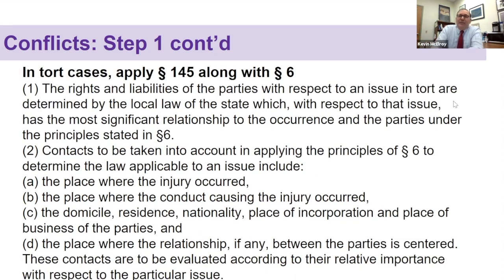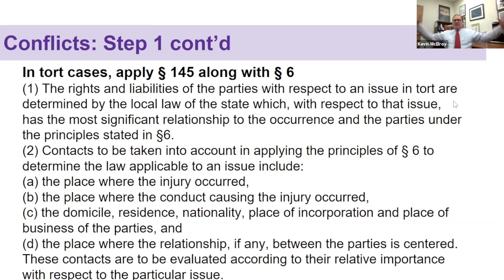All right. If you're in a tort case, you look at section 6, and then you look at section 145 for tort only, right? Which it tells you in the beginning, under number 1, to help you figure out which state has the most significant relationship to the occurrence and the parties under the principles of 6.